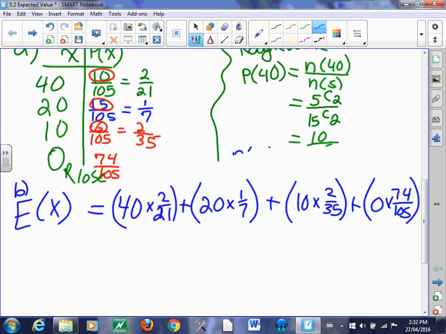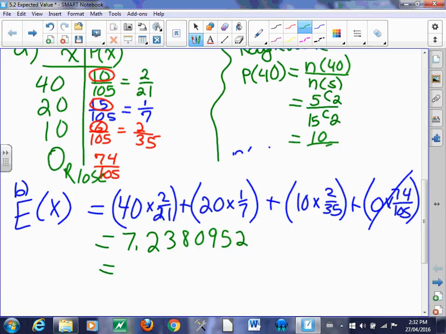Really, when you show me that, that's fine. However, you know that's going to be excluded, because 0 times anything is 0. Okay. Plug it in your calculator, folks. And you get 7.2380952, etc. However, it's money, right? How much you're going to win, right? So we round to 2 decimal places, so 7.24.